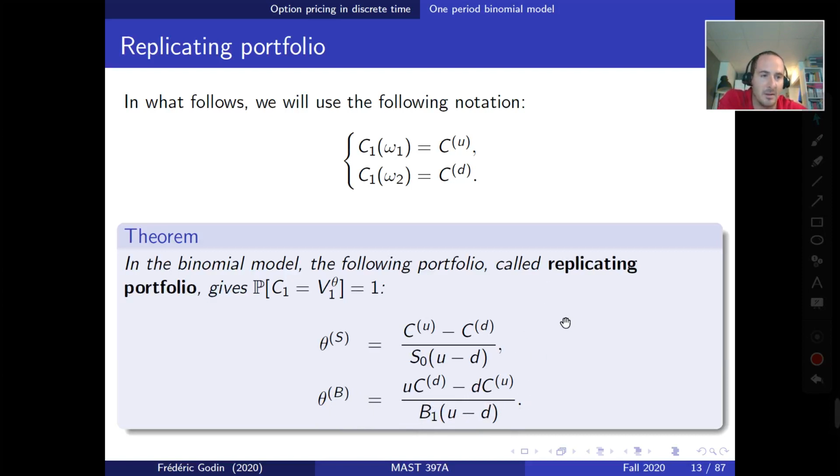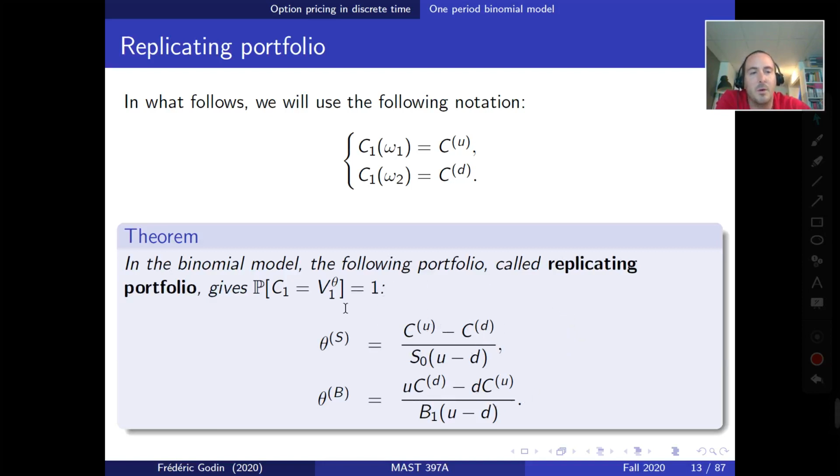Now we can prove it. What this says, once we've proven it, is that in our market, for any derivative C1, there exists a portfolio whose composition depends on the payoff of the derivative in both states.